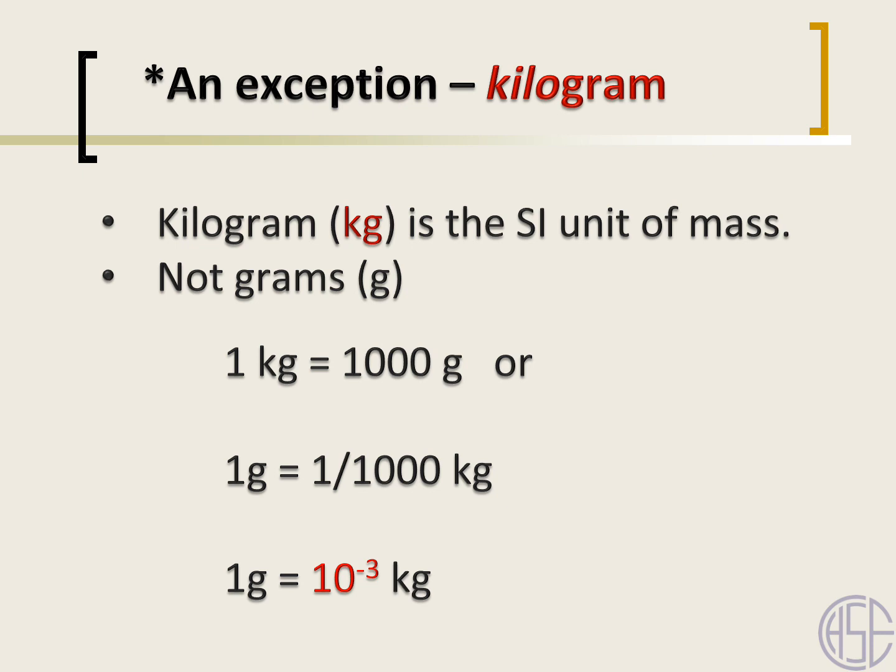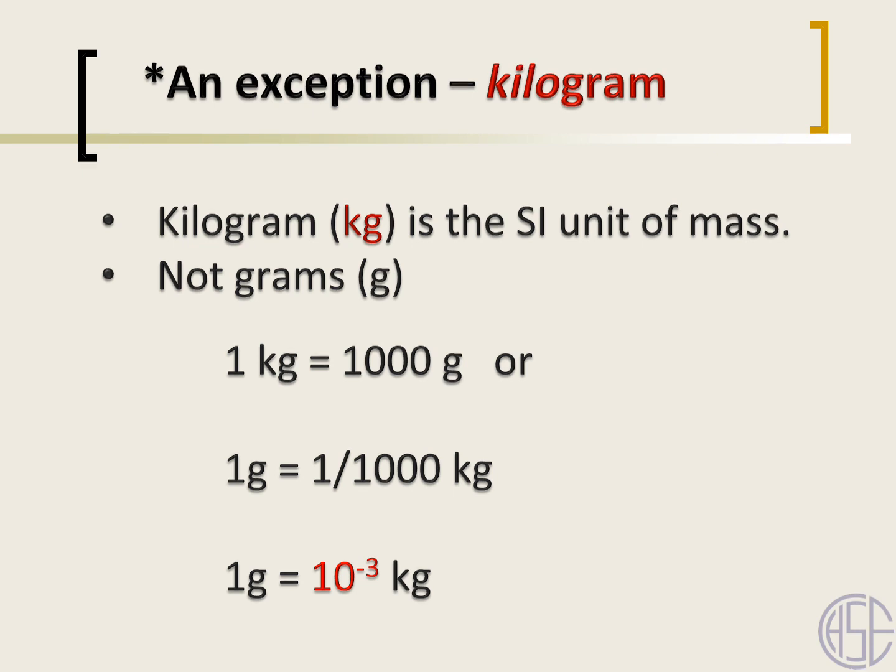So a gram is equivalent to 10 to the power minus 3 kg. This is the conversion for gram to kg. So you have to treat it like a special case, not like the previous examples. Now we are going to see some simple questions for this conversion. So let's see one by one.